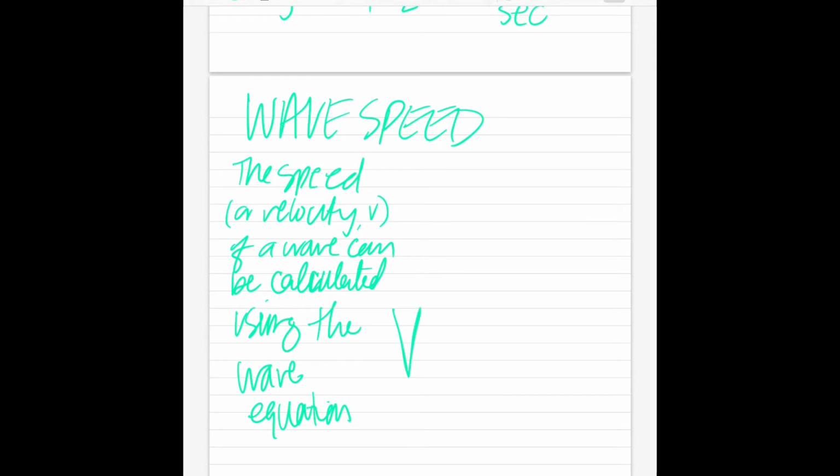Remember v stands for velocity, so wave speed is lambda times frequency. The wave equation is written as velocity equals wavelength times frequency. The units for velocity are meters per second. That should sound familiar to you.